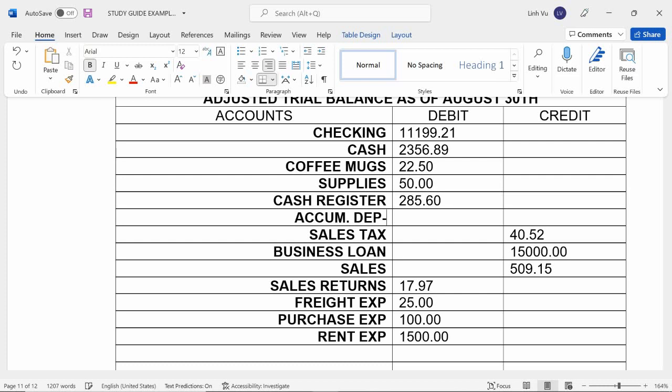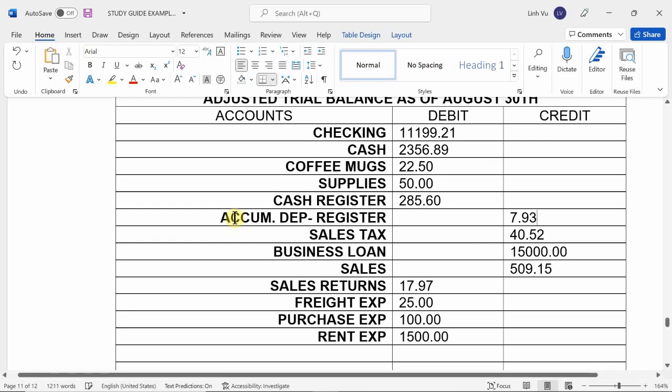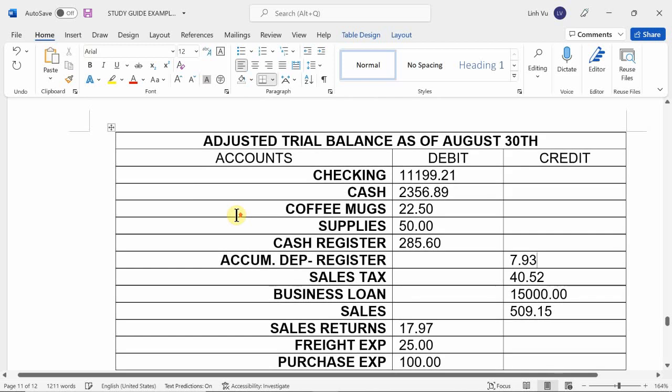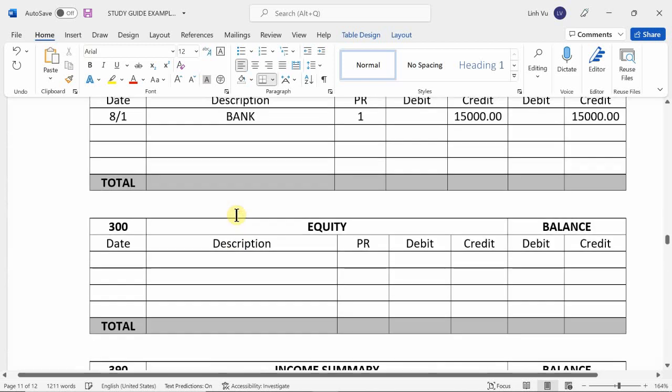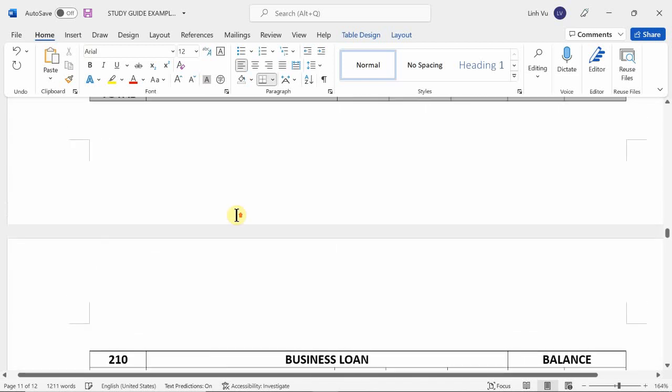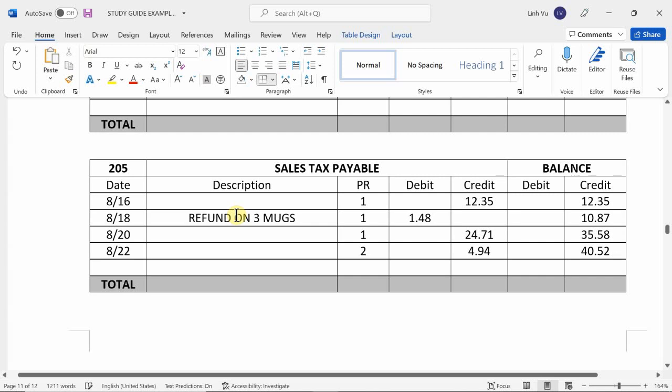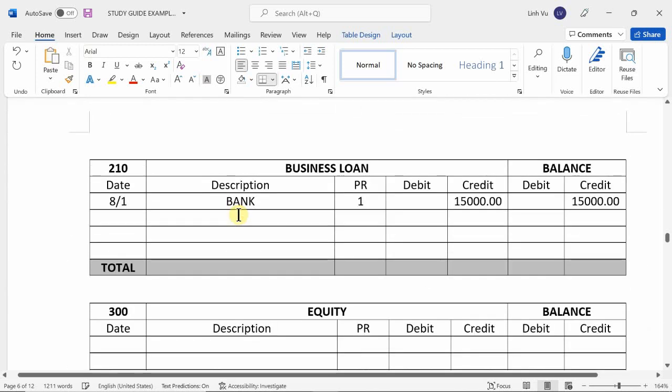No worries. Okay, accumulated depreciation for the register was for that $7.93 on the credit side. All right, and let's see what's next. Sales tax is still at $40.52.